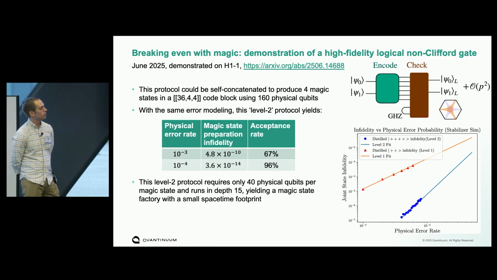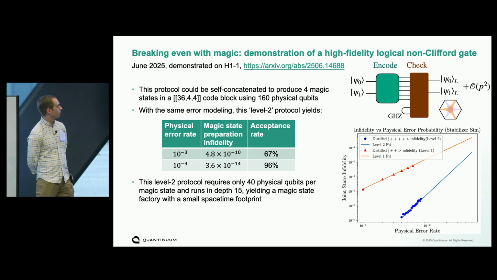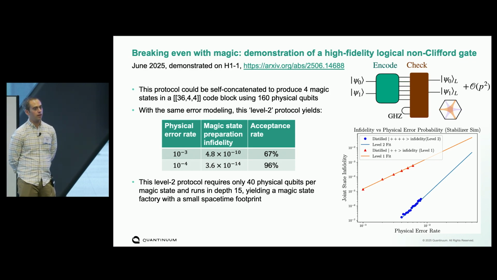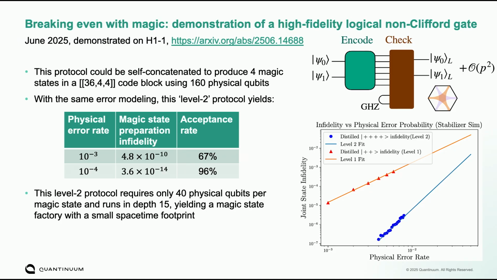And so doing some error modeling for this, we think that if we have a physical error rate of 10⁻⁵, that this level 2 protocol would produce magic state preparation infidelities about 5 × 10⁻¹⁰ with an acceptance rate of 67%.